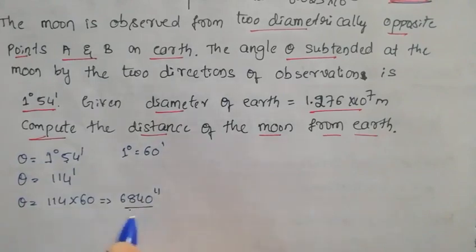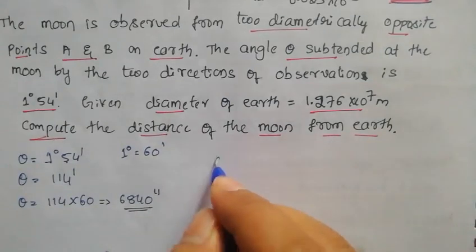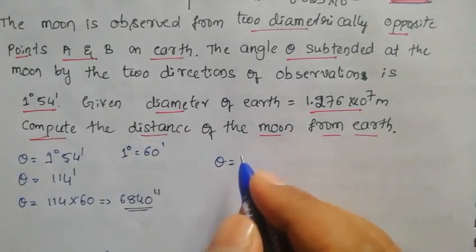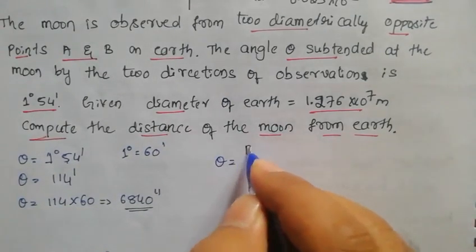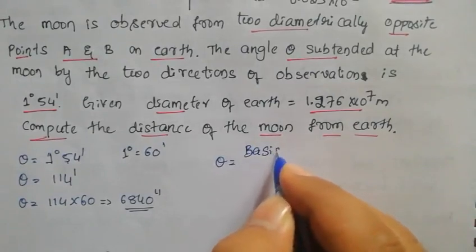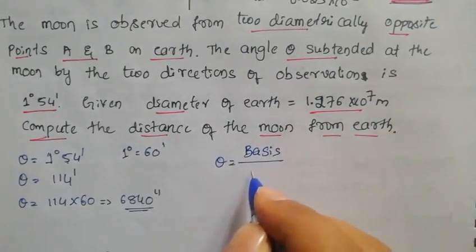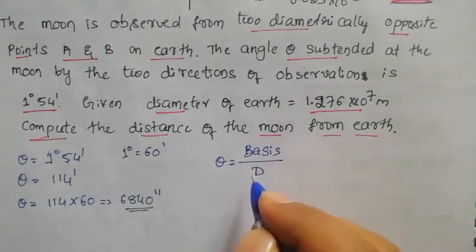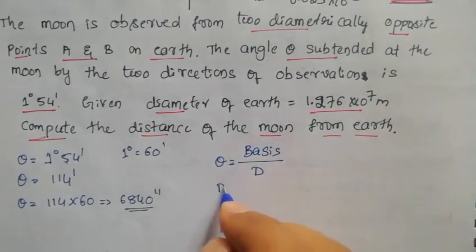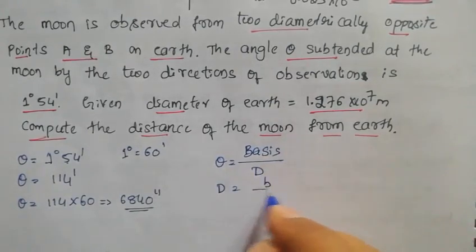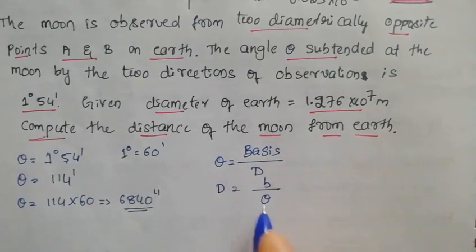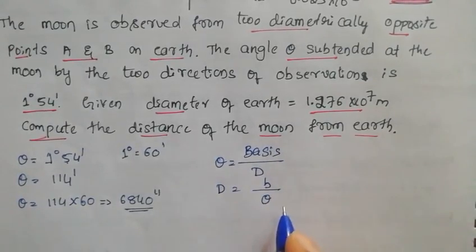Now we need to convert into radian, because you know the formula: theta equals arc length, that is the basis, by radius, that is distance, capital D we are using. So we want D, that is basis B by theta. Theta should be used in radians, not in seconds.